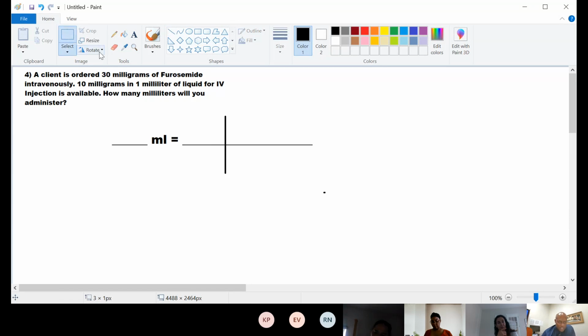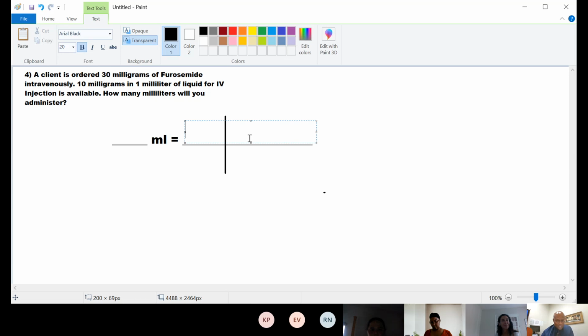Remember, the first thing that we needed to do was put in our order. And our order up there is what? 30 milligrams is what's ordered. Okay.